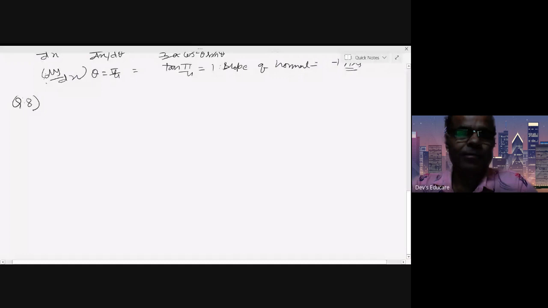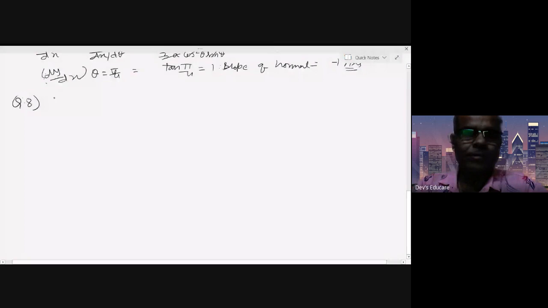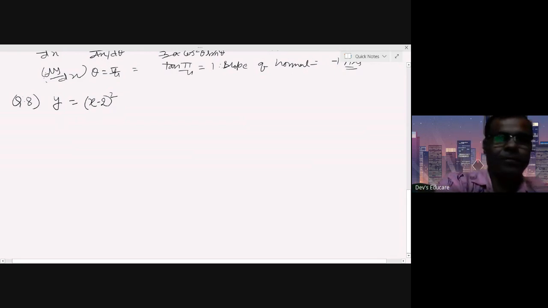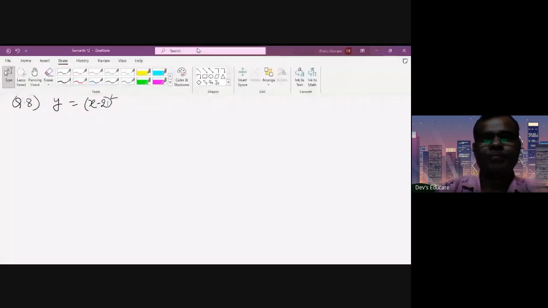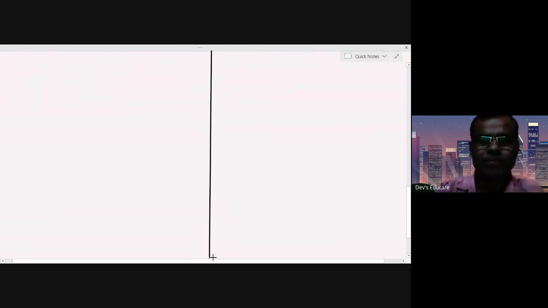So question 8. Find a point on the curve y equals x minus 2 whole square at which the tangent is parallel to the chord. First of all we have to differentiate with respect to x.